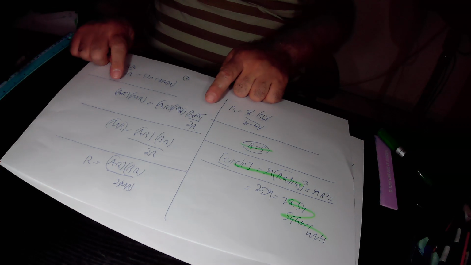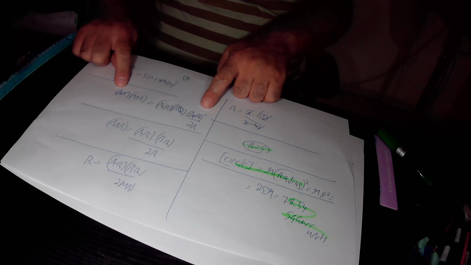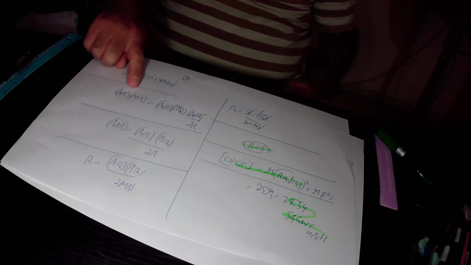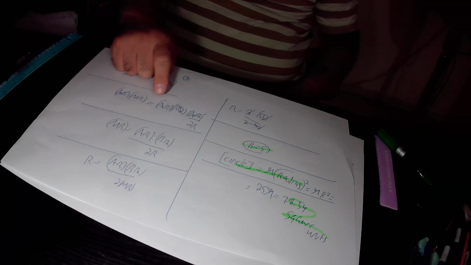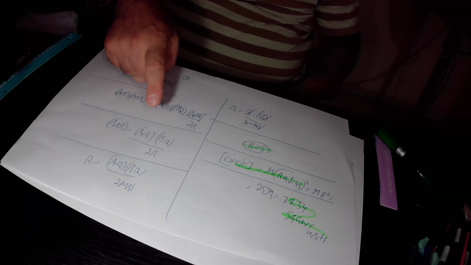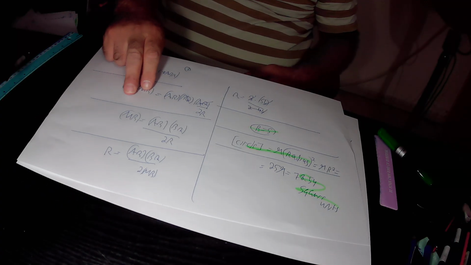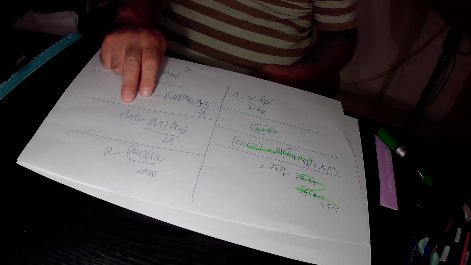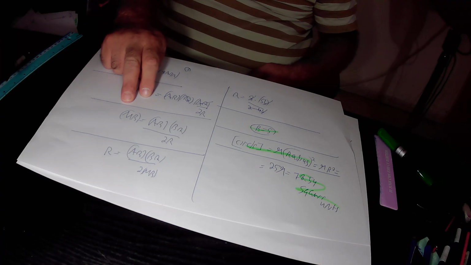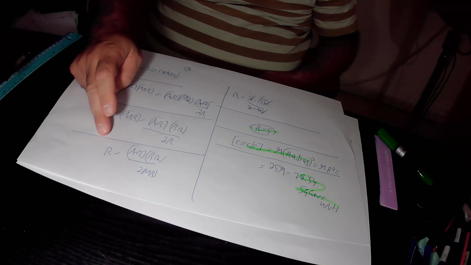Here we have AQ on both sides of the equation, so AQ will get cancelled. On this side we are left only with MB, which equals AB times BQ over 2R. Here we multiplied this equation by R and divided by MB simultaneously in order to find the value of R. We found that R equals AB times BQ over 2MB.